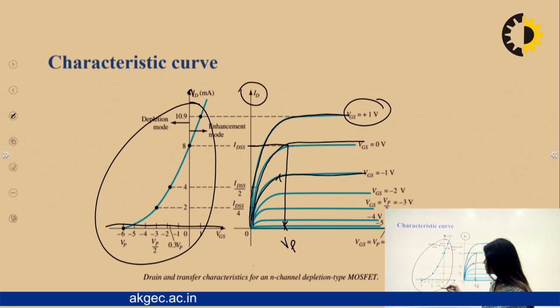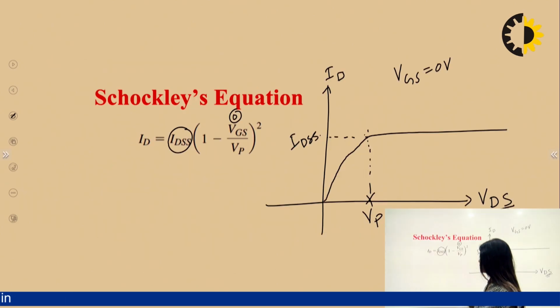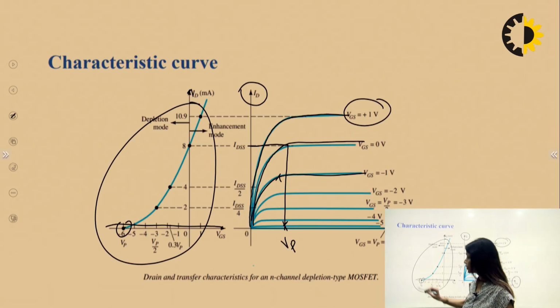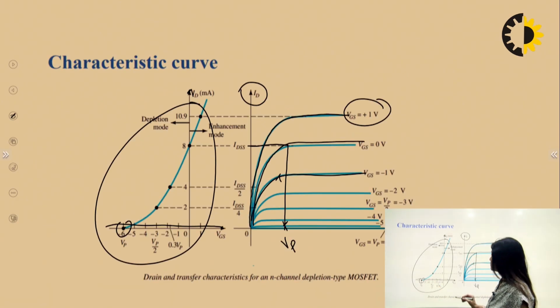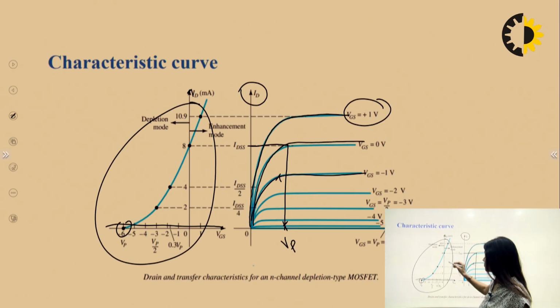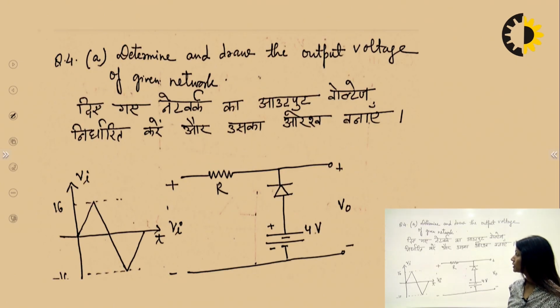So if VGS is equal to VP, then ID is equal to 0, at this point. And similarly, if ID is equal to 0, that means VGS is equal to VP. So here we can mention this particular point, VGS is equal to VP. So here we can make this graph.